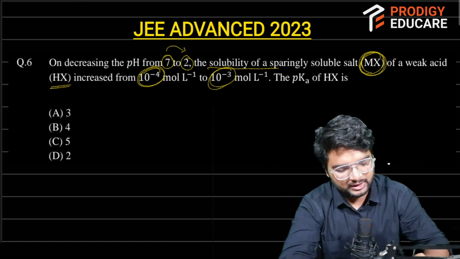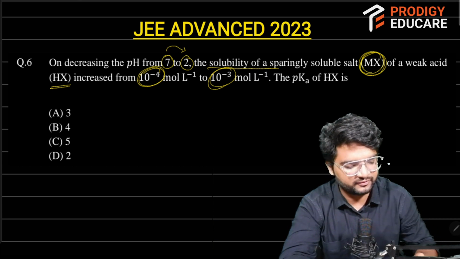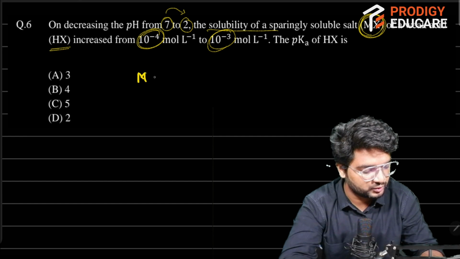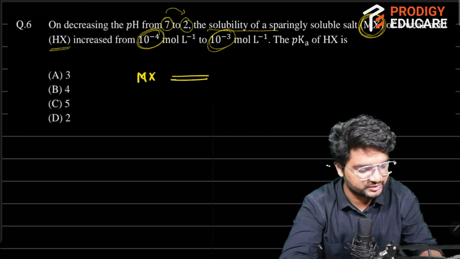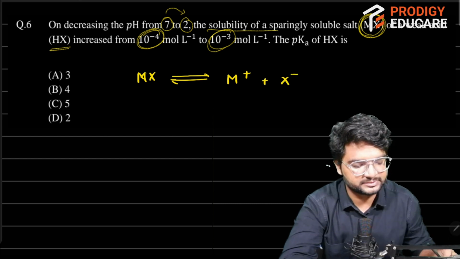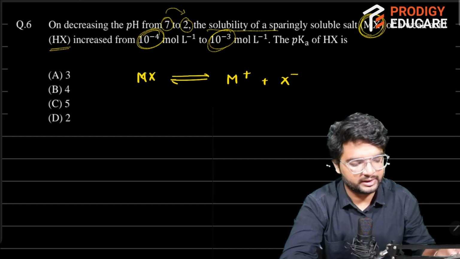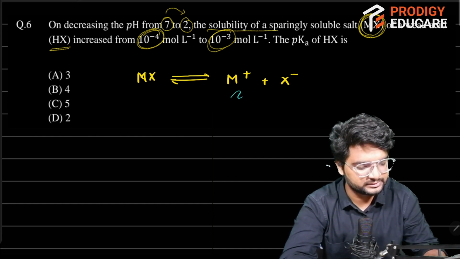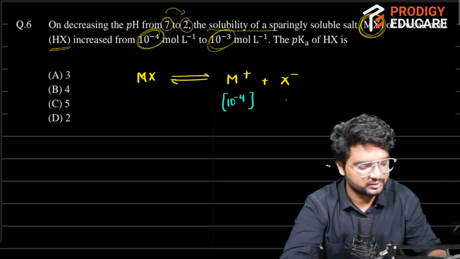Now if we write the equation, MX will be dissociating into M plus and X minus. Here we know at the beginning the solubility is 10 raised to minus 4. This will also be 10 raised to minus 4.